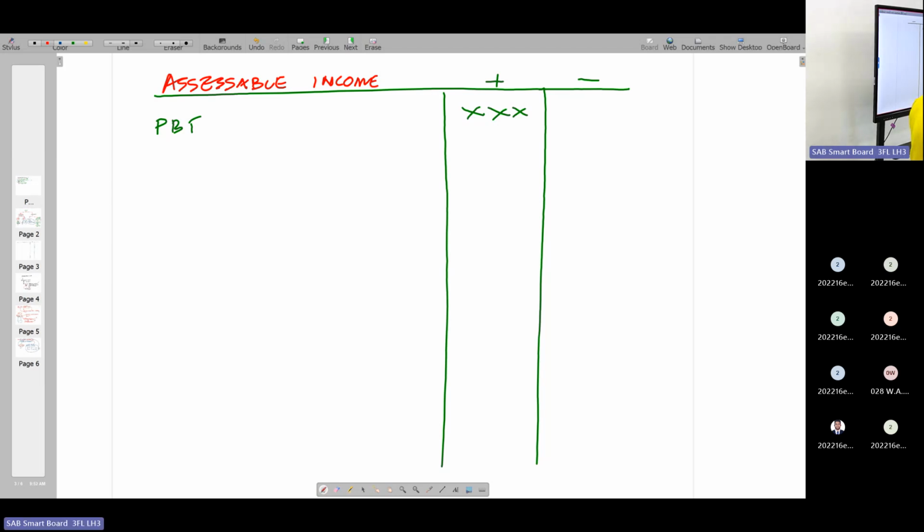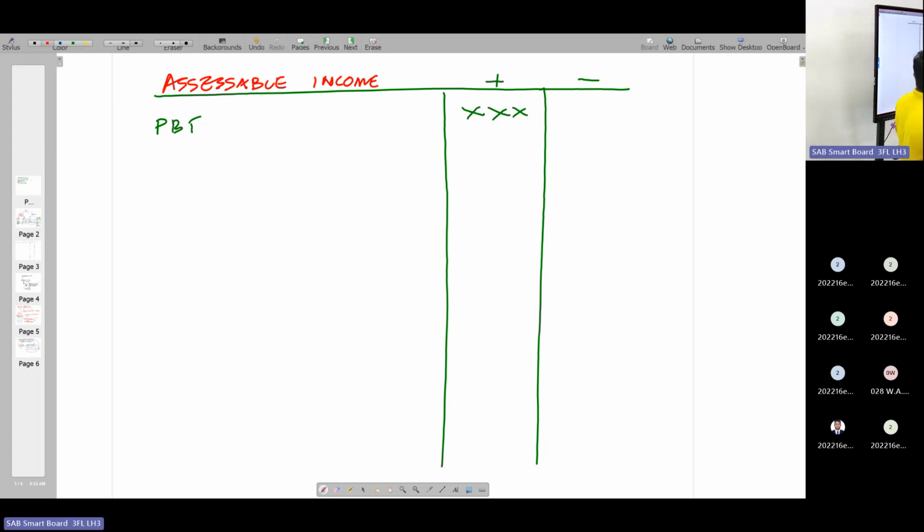It could be investment income. A simple example is a fixed deposit. The interest on the fixed deposit is taken to the statement of comprehensive income under finance income. From the tax point of view, it shall be part of investment income. Therefore, we have to remove that one.